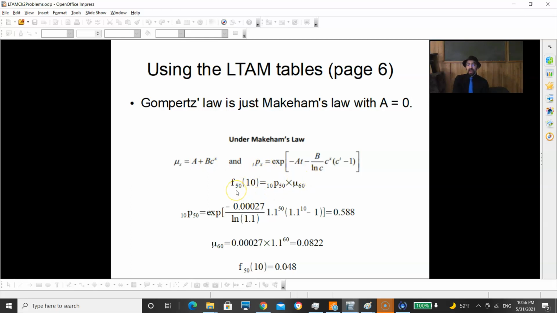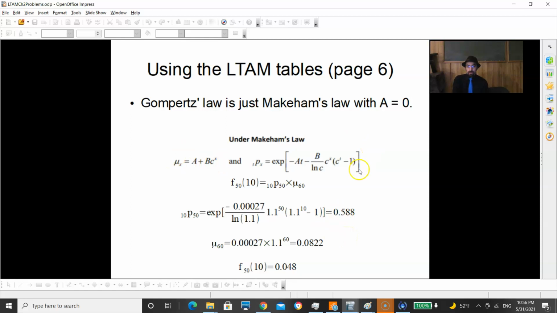We also use the fact that the probability density of dying in 10 years starting at age 50 is the probability of surviving the 10 years and then dying. So this probability density is you have to survive up until then and then die. You just crunch the numbers in and you get 0.048, which is one of the choices.